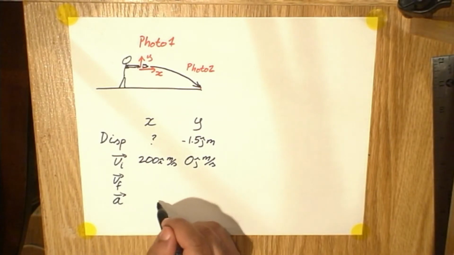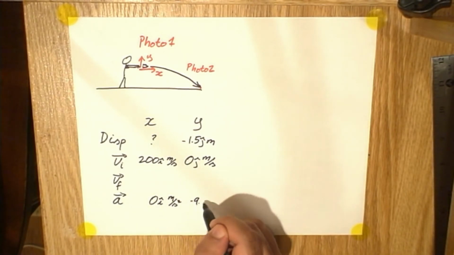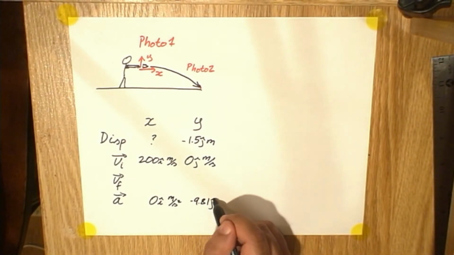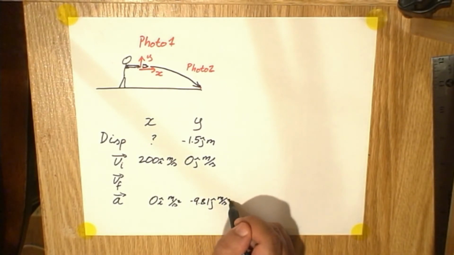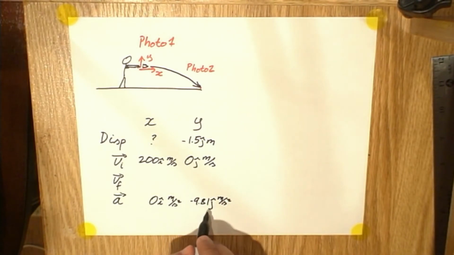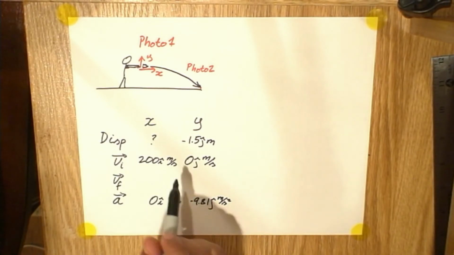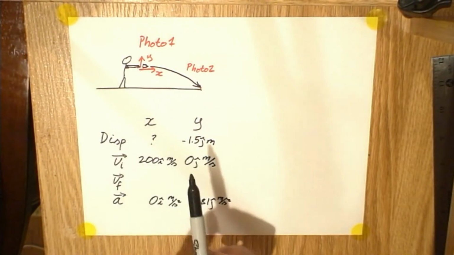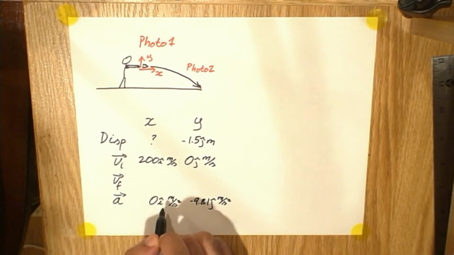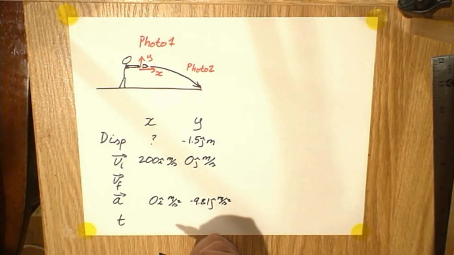The acceleration is going to be the usual 0 i hat meters per second squared in x and negative 9.81 j hat meters per second squared in y. Because these are the standard values as long as you're on Earth, your axes point upwards, that's what makes this negative. And this isn't in any powered flight, so acceleration in x would be 0. And finally, there's time, which is unknown.